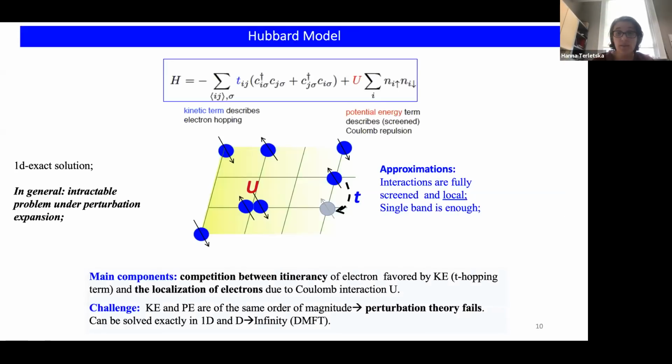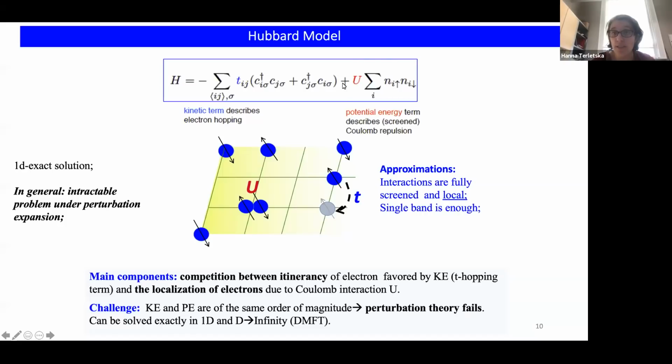So this is the Hubbard model Hamiltonian, and Camille has done a nice introduction on the Hubbard model two weeks ago. Just to remind ourselves, it consists of two terms: a kinetic energy term, which describes the hopping of electrons between different sites. And in the Hubbard model, we make approximations. We say that electrons are fully screened.